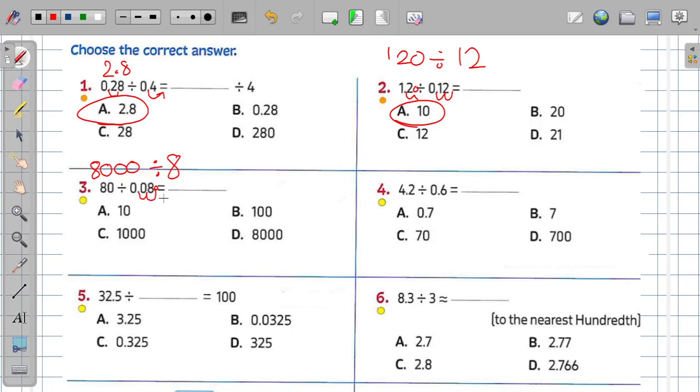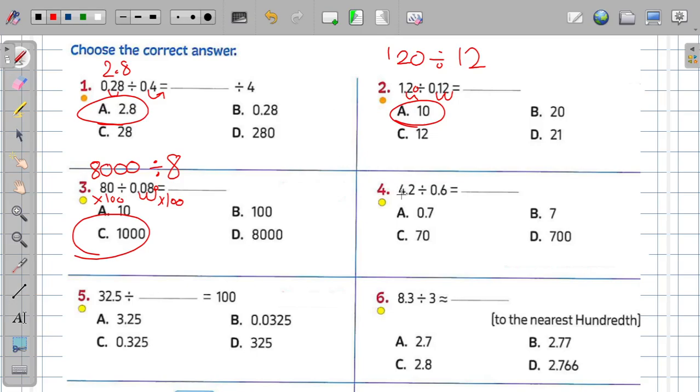So I multiply the divisor by 100, so I will multiply the dividend by 100. 8,000 divided by 8 equals what? Equals 1,000. So the result will be 1,000.